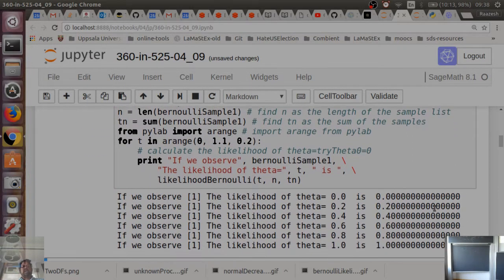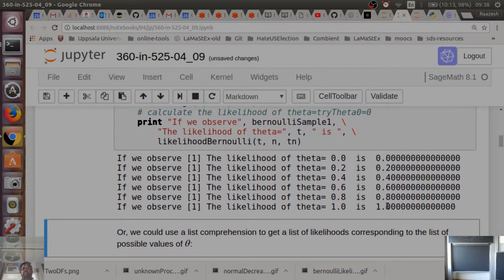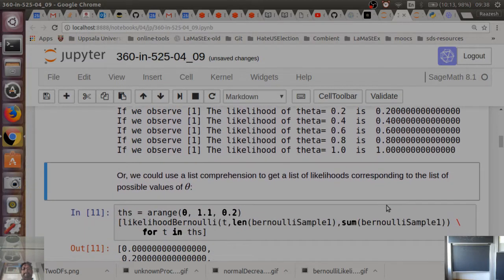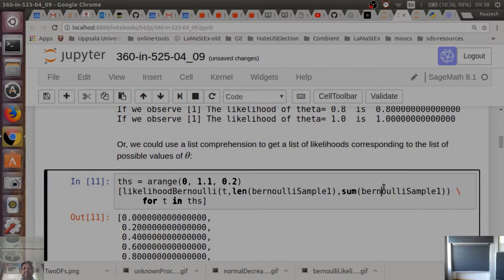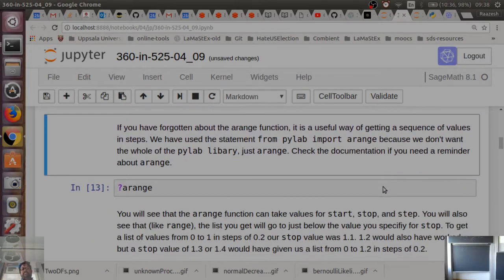So if we observe 1, the likelihood of theta being 0 is 0, the likelihood of theta being 0.2 is 0.2, and so on. Because now it just maps to theta. So now use list comprehension to get the likelihoods as well.